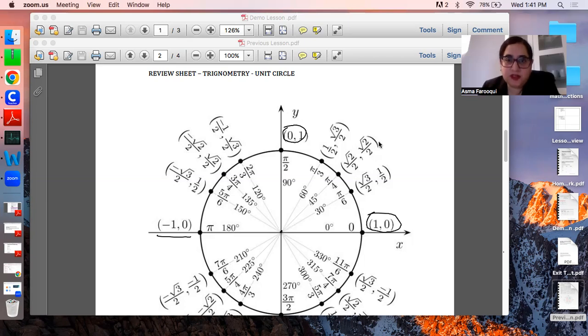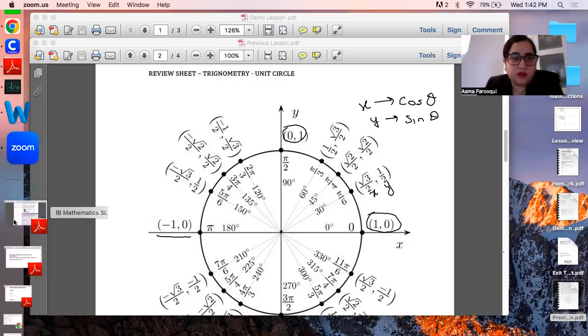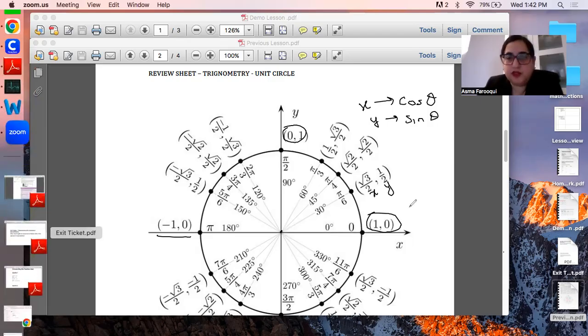Then these coordinates you should know, all these degrees, 30 degrees, 45, 60, 90 of a unit circle. And this is x and y, where you should know that x represents cos theta and y represents sine theta. Moving on to the next page.